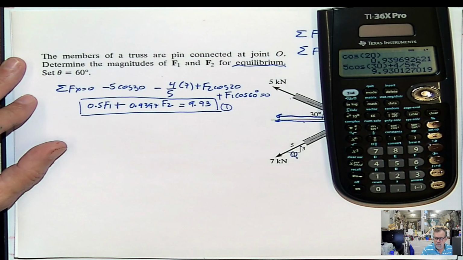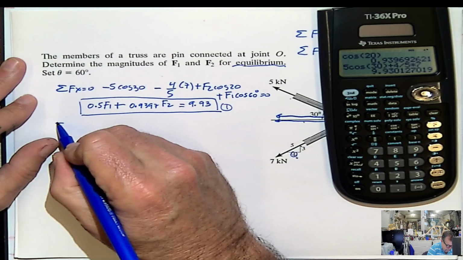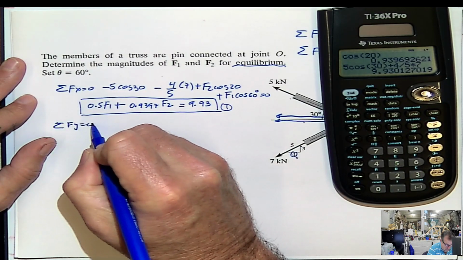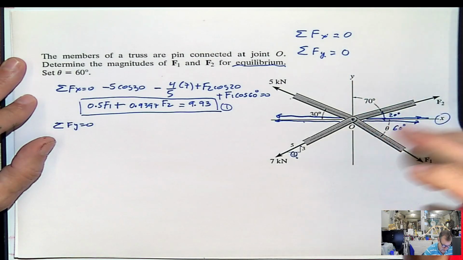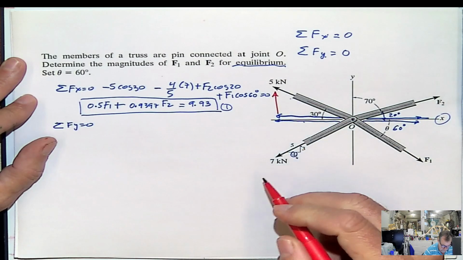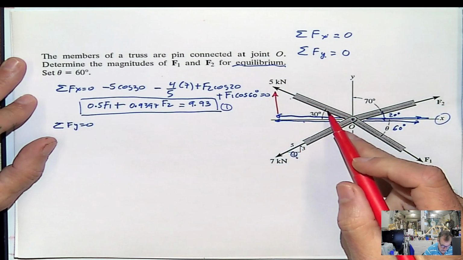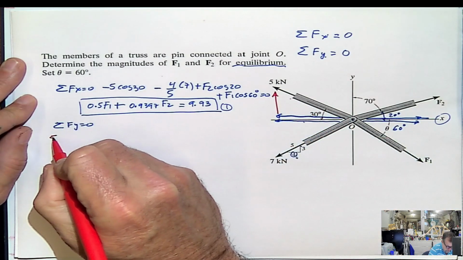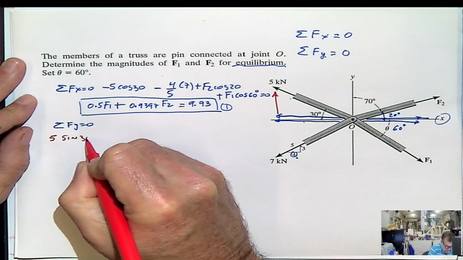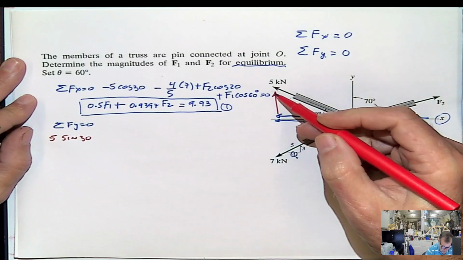Now we do the same thing for summation of forces in y equals 0, and we are dealing with these components here. This component for that force will be 5 sine 30, because now it's opposite to the angle, positive because it points up.